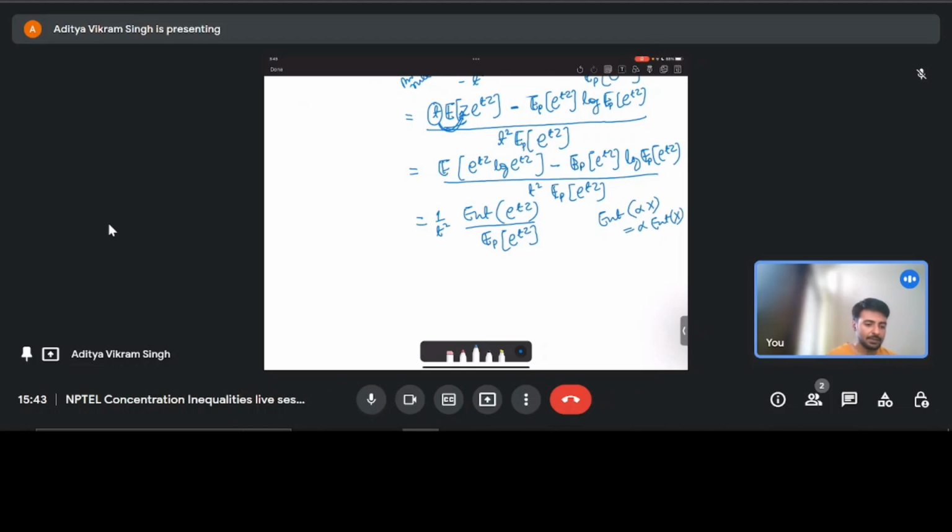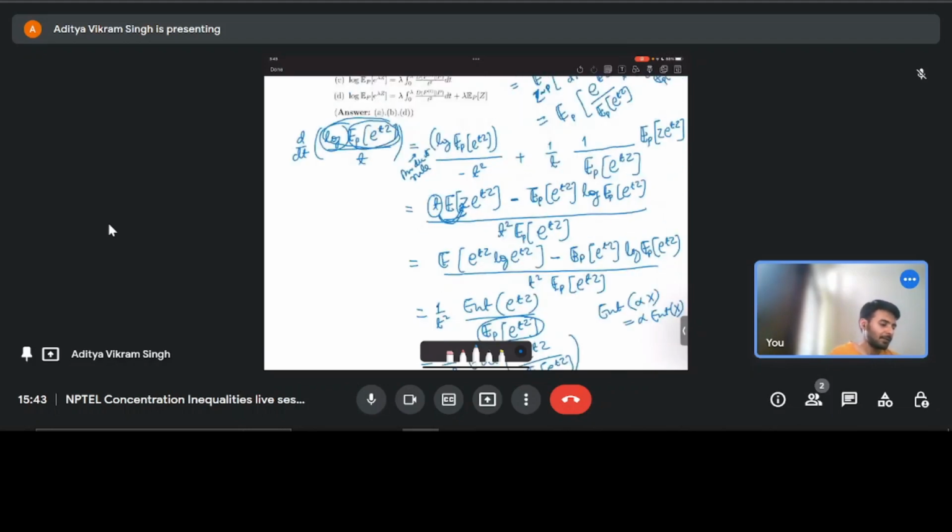So we can take constants outside entropy, nothing else. So I'll take this constant outside. So this is e^(tZ), and this expected value is a constant, right?